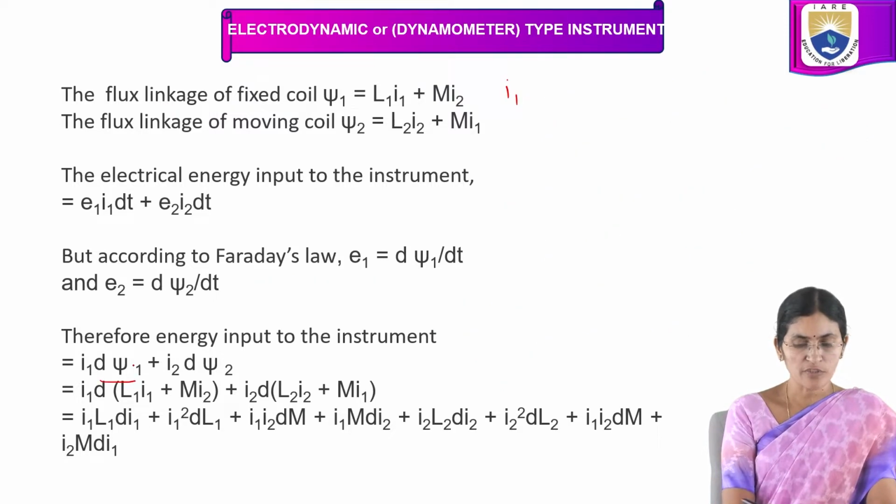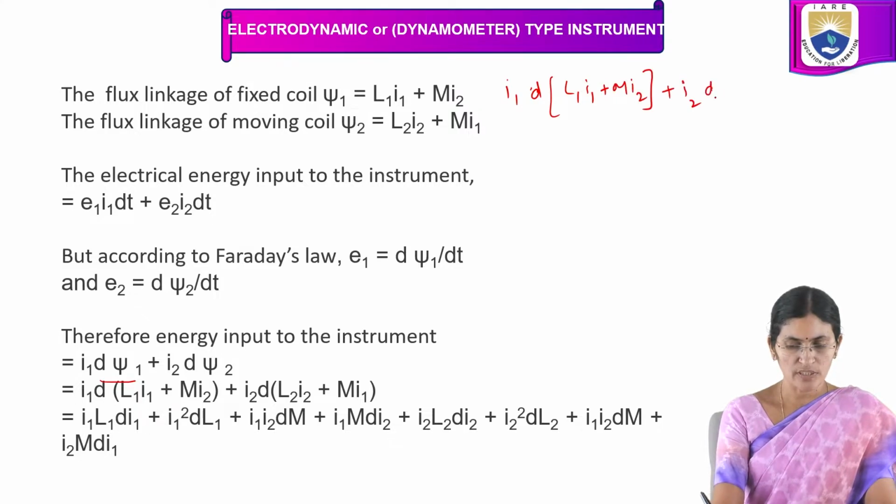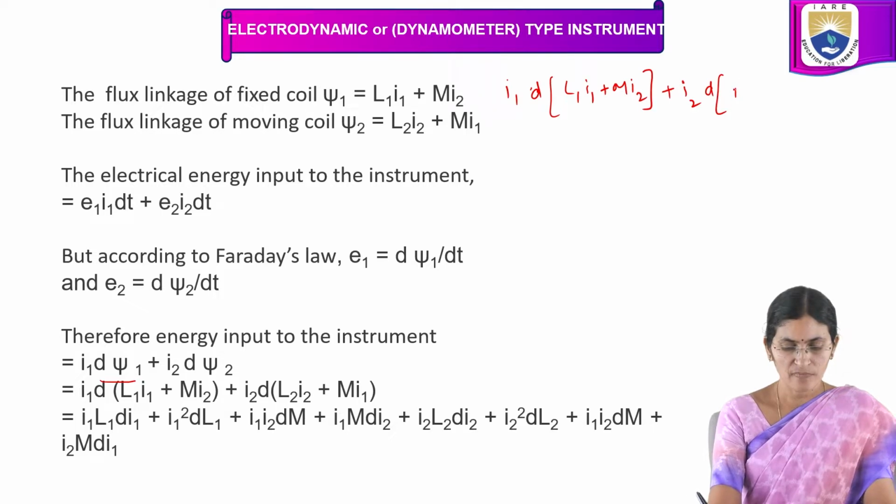Now we can substitute the values: I1 into d of (L1 I1 plus M into I2) plus I2 into d of (L2 I2 plus M into I1).